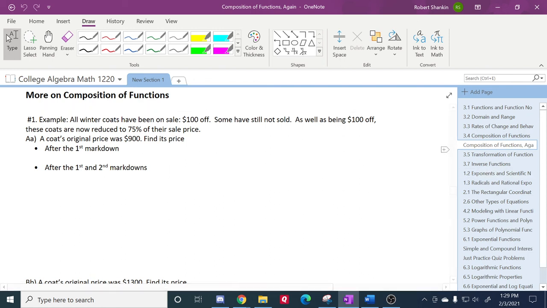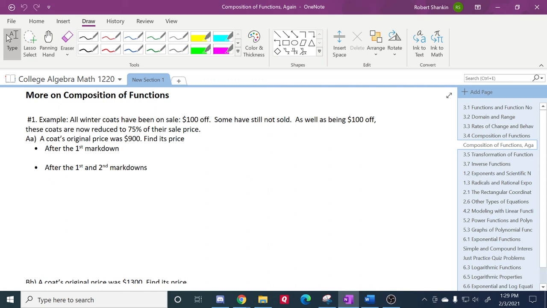And here's the situation. All winter coats have been on sale, $100 off. Some have still not sold. As well as being $100 off, these coats are now reduced to 75% of the sale price.